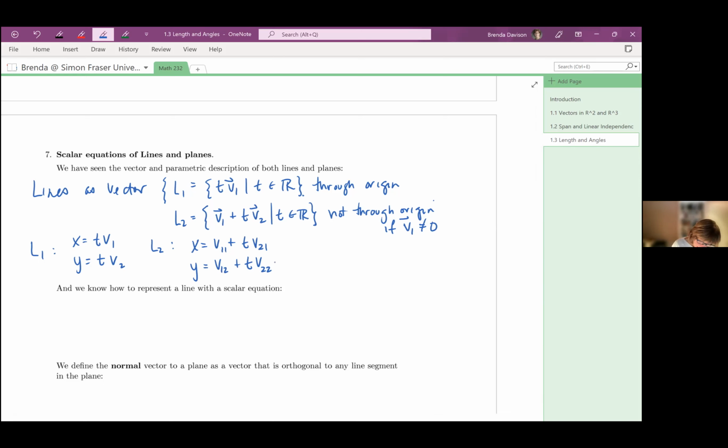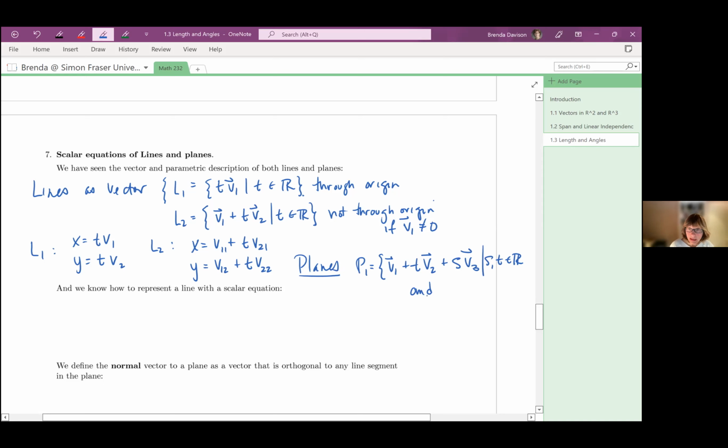We have also seen planes. In R3, we've seen that a plane looks like this: V1 plus T V2 plus S V3 such that S and T are in R. And remember, we need the linear independence of V2 and V3.